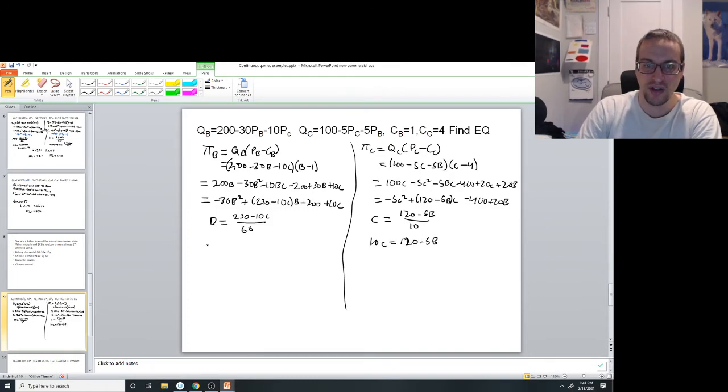So this becomes 60B equals 230 minus 10 times (120 minus 5B). Divide out by 10, I've got 6B equals 23 minus 120 plus 5B.